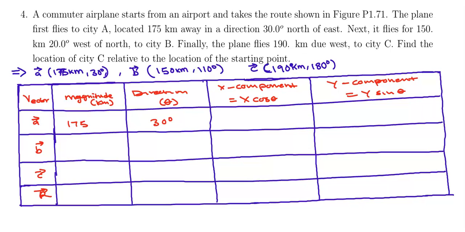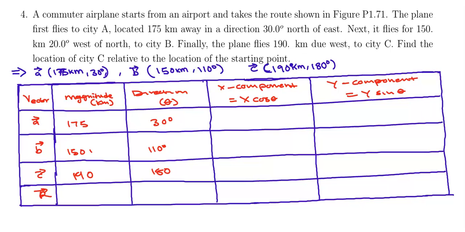Then vector B is 150 kilometers at 110 degrees, then 190 kilometers at 180 degrees. The resultant is the one we are looking for.